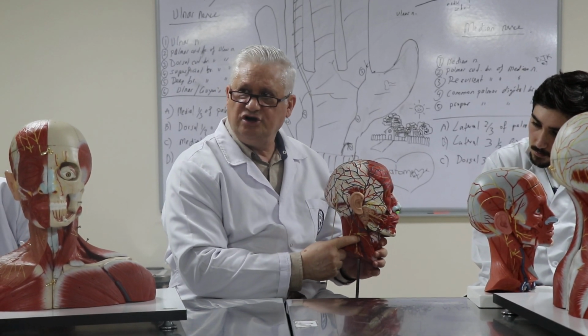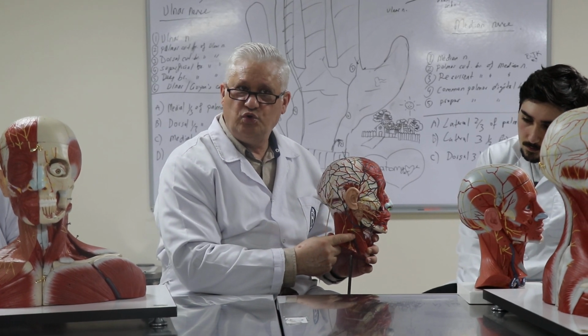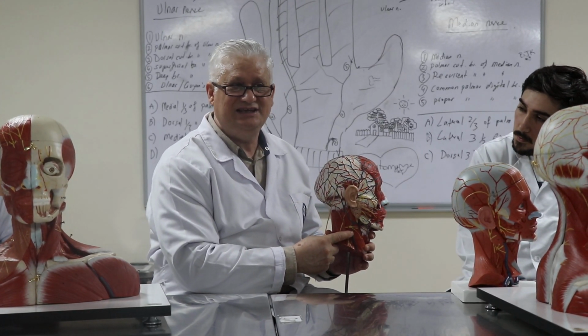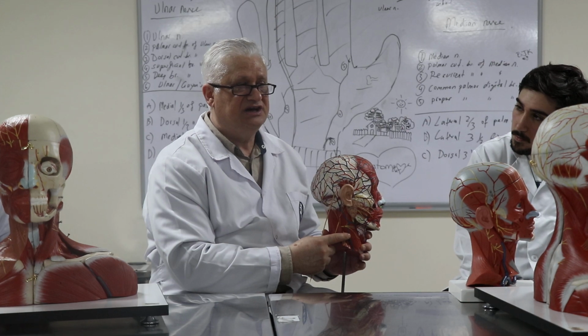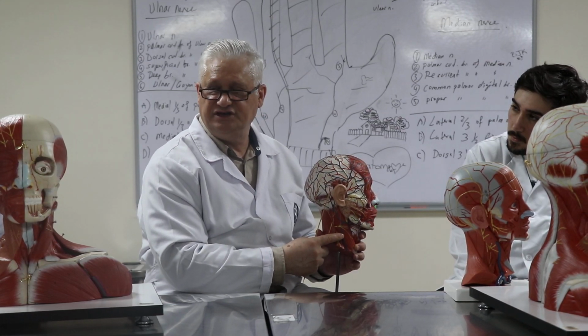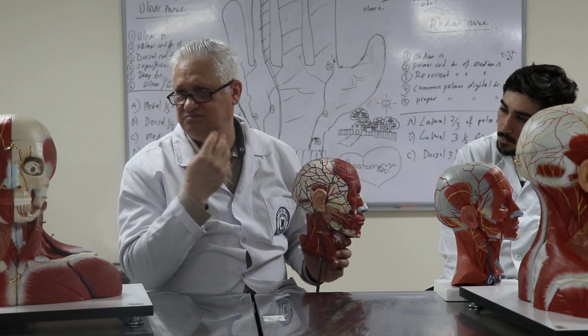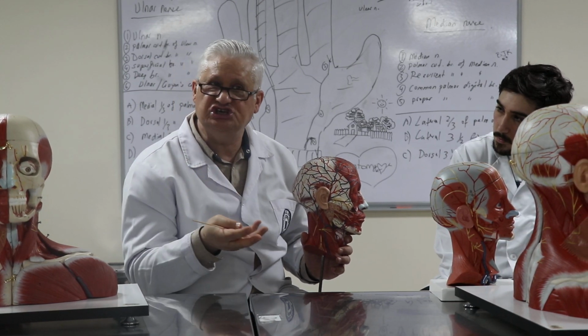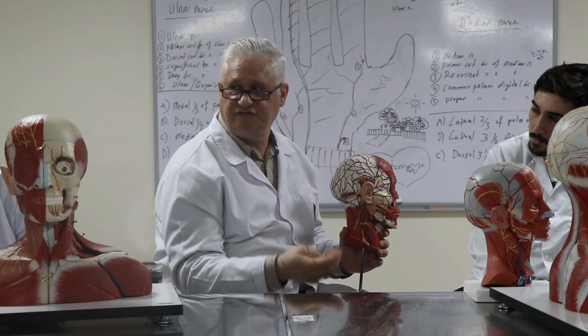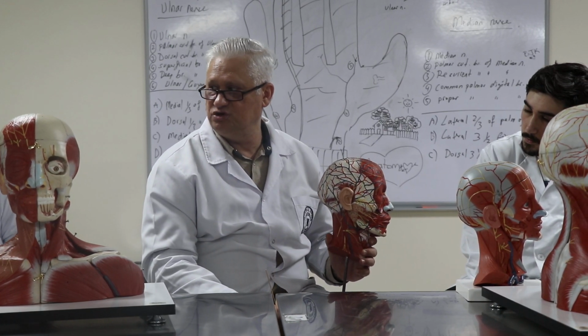So again, we talked about this earlier. When would you see this vein, the external jugular vein? I can't see it right now, I can't feel it. But when would you see it, or palpate it? In what circumstances?